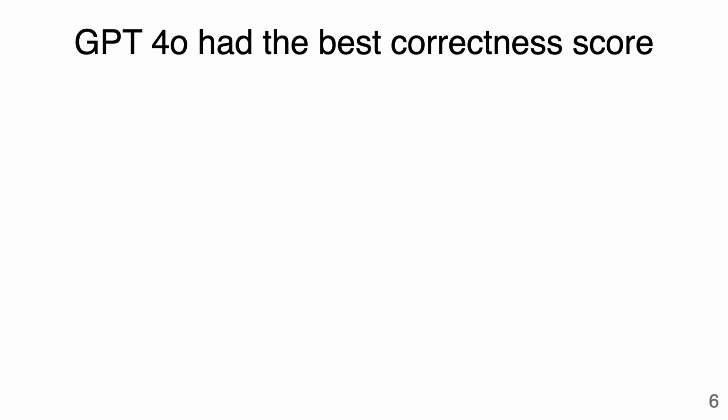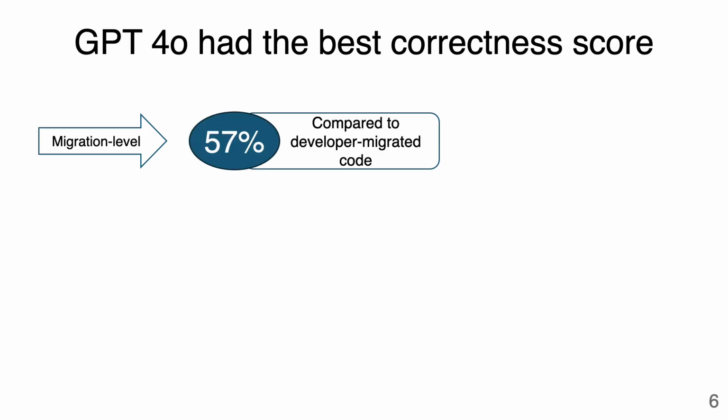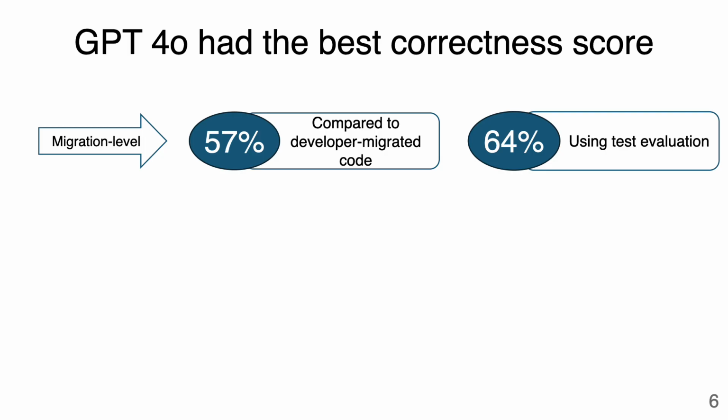We found that GPT-4o had the best correctness scores on a migration level, looking at the full repo migration. It was able to migrate 57% of the dataset when we compare it to the developer-migrated code, and 64% when we use the test evaluation.